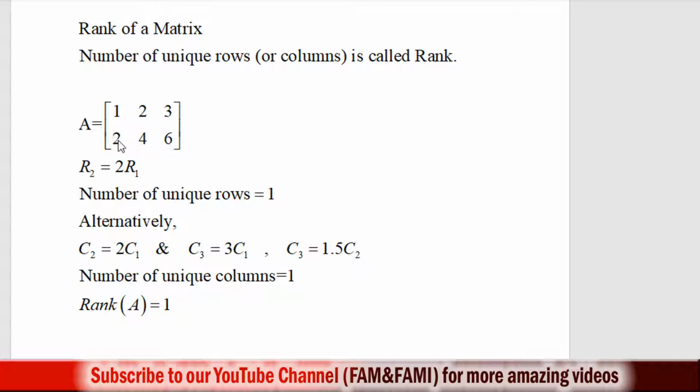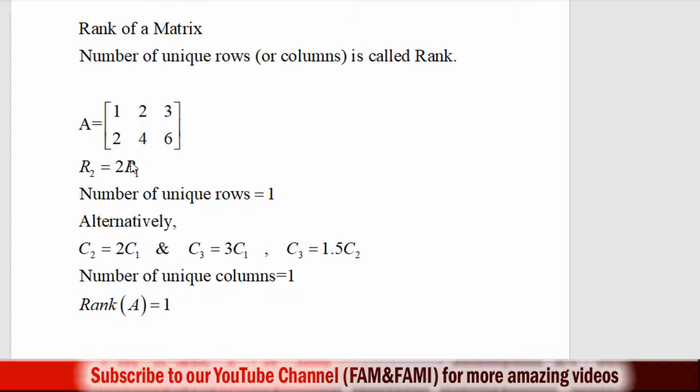If you focus on elements in row number 2, you can see that the elements in row 2 can be obtained just by multiplying each element in row number 1 by a constant 2. 1 into 2 you get this 2, 2 into 2 you get this 4, 3 into 2 you get 6.